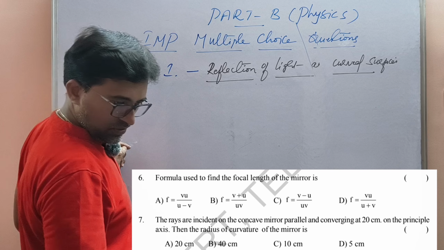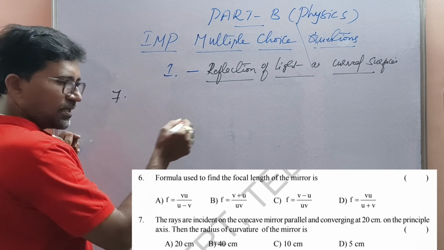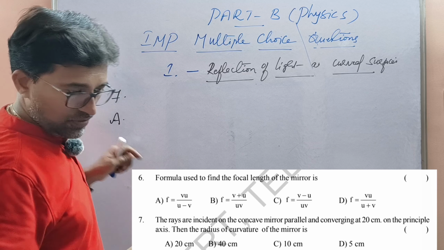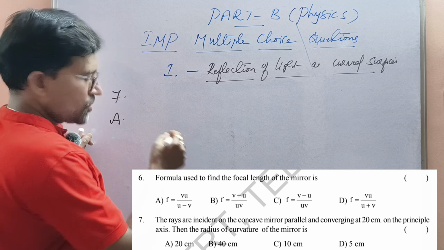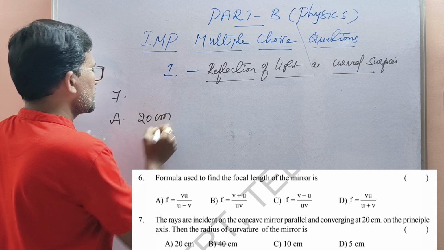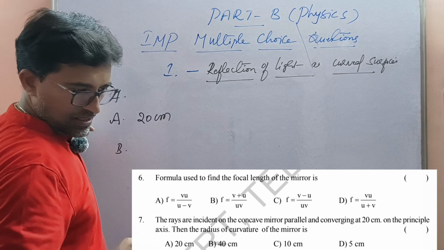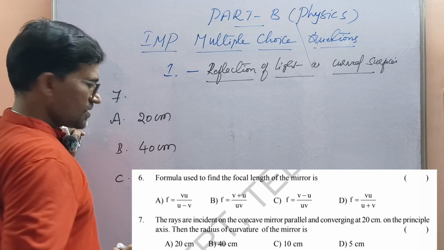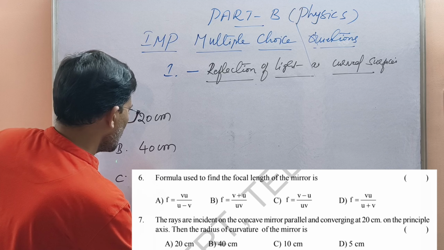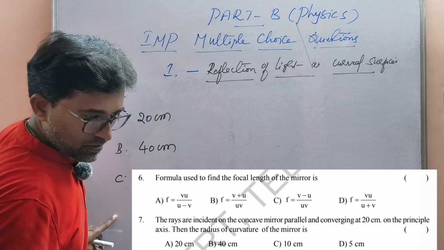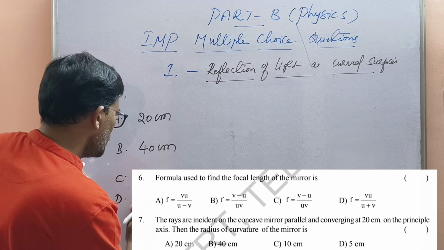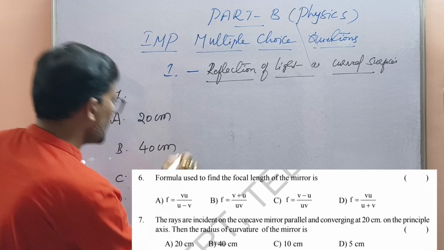I will write the options, then I will explain the solution. Option A is 20 centimeters, B is 40 centimeters, C is 10 centimeters, and D is 5 centimeters.